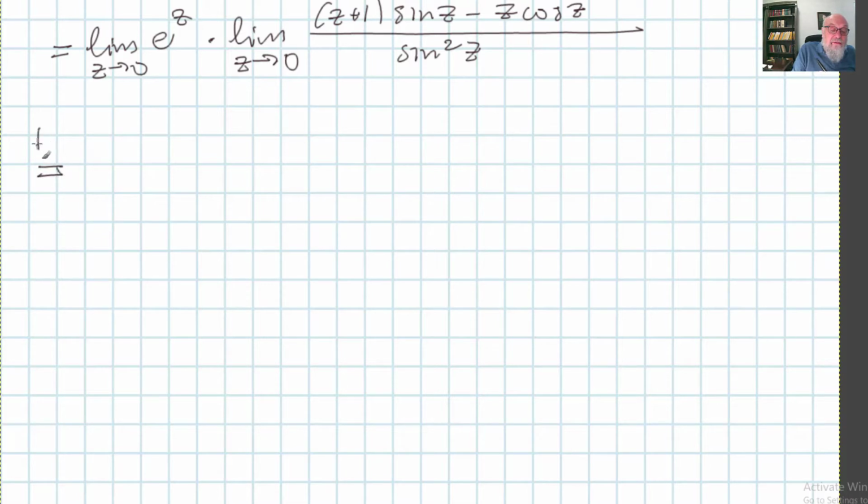So the first limit is 1, and then we have the limit as z goes to 0.